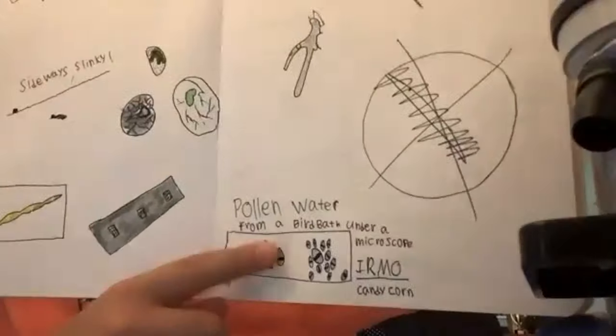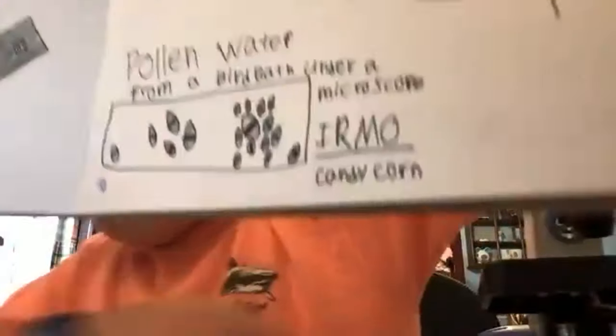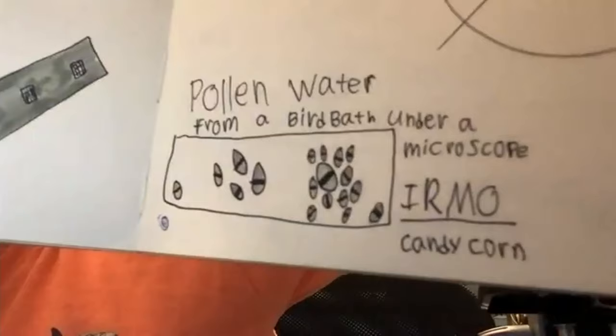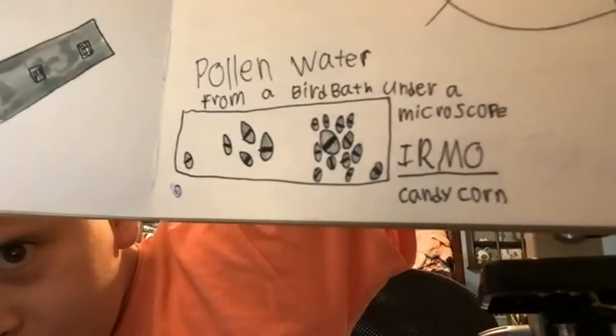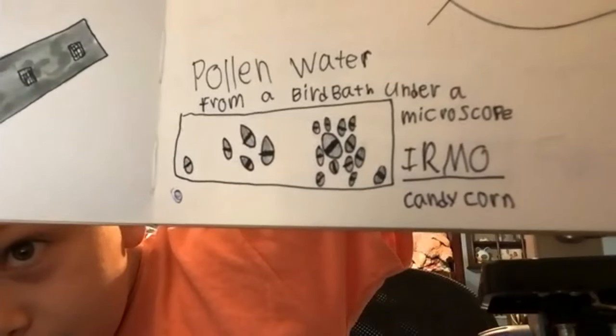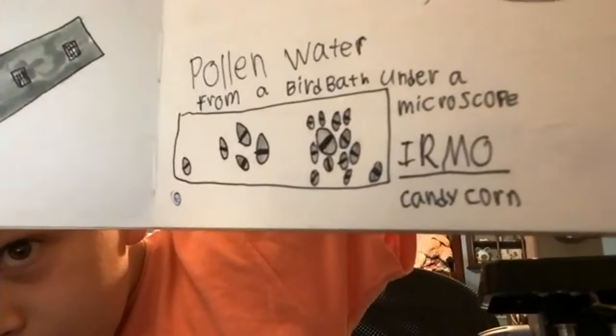Ooh, let me remove my spotlight here. Oh, look at this. They look like eyes. Look at this. Oh, wow. Interesting. So this is pollen that was floating on the surface of the water of the bird bath. It reminds me of candy corn.